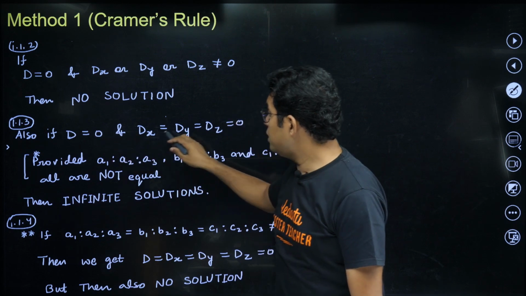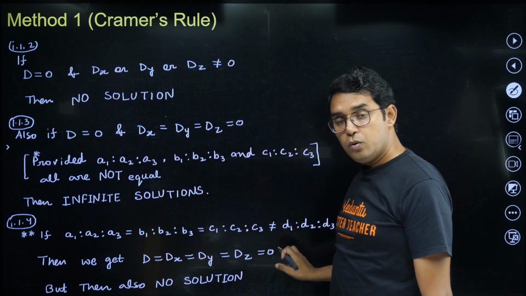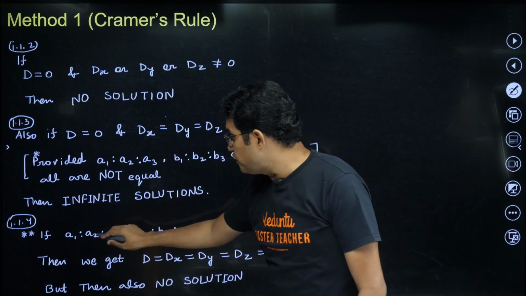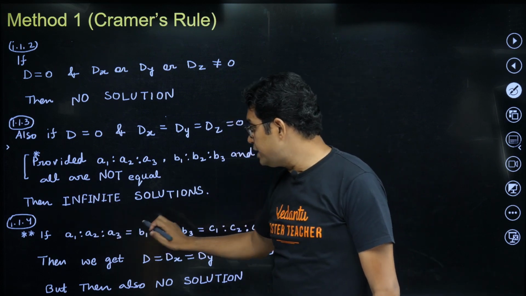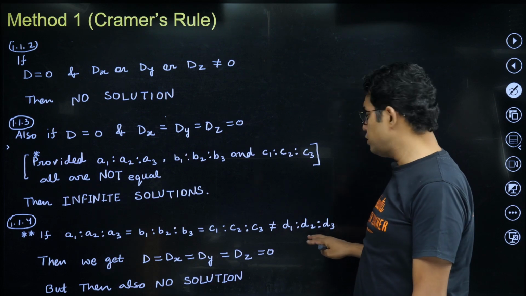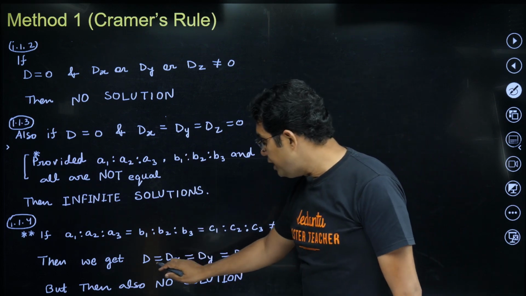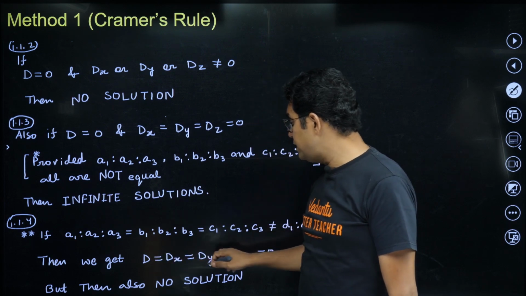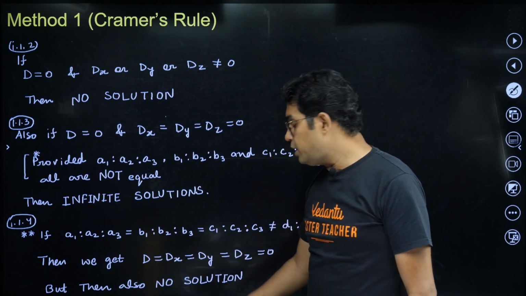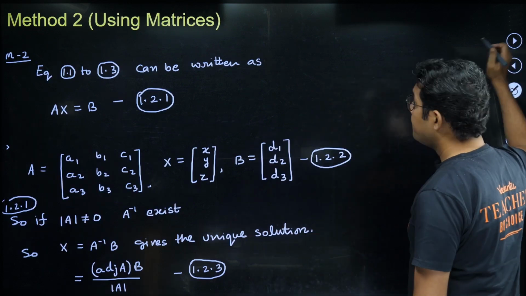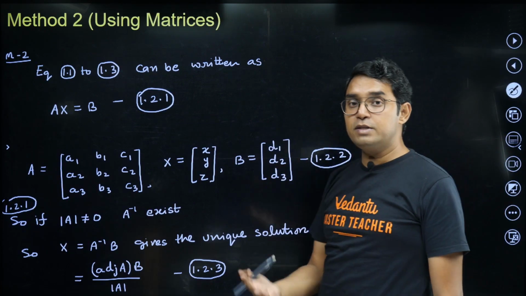In fact, when all four determinants are 0, there is also a scenario when all the coefficients a1, a2, a3, b1, b2, b3, c1, c2, c3 are in the same ratio, but different from the ratios of d1, d2, d3. Then even in that case, all of D, Dx, Dy, Dz are 0, but you get no solution. So what I'm saying is, there has to be some easy method.